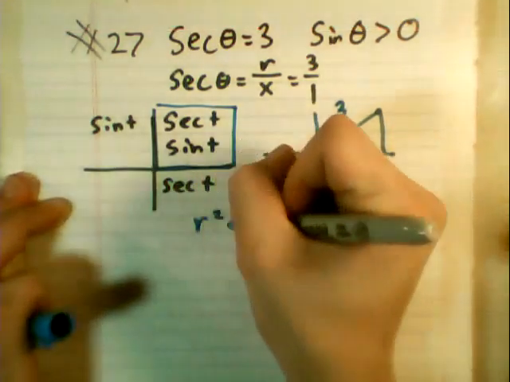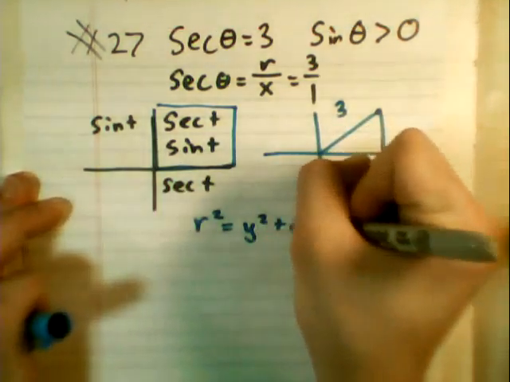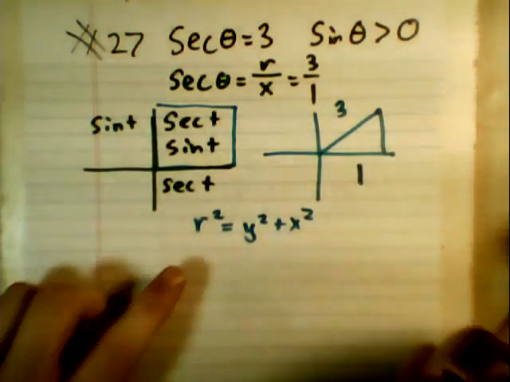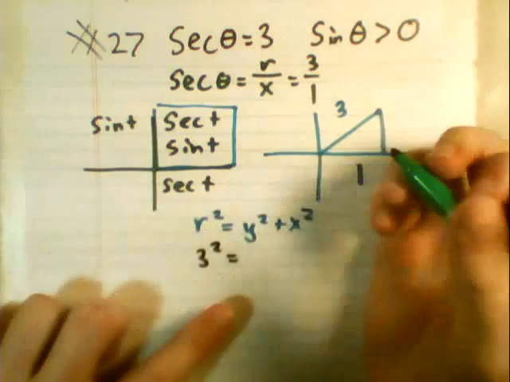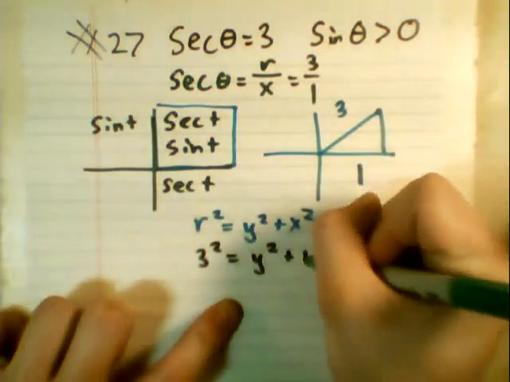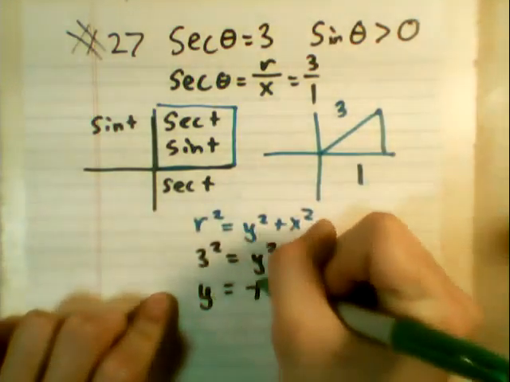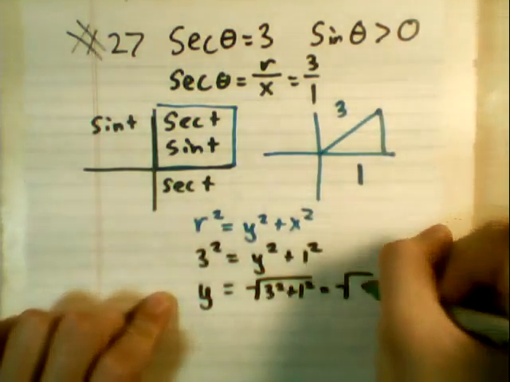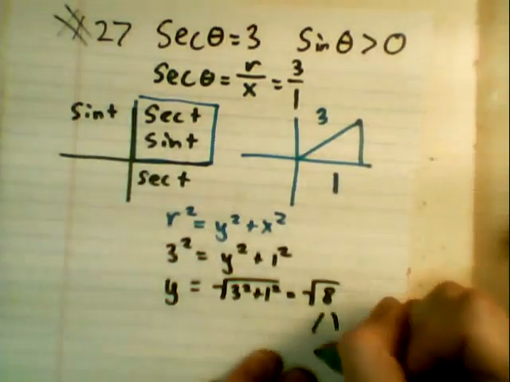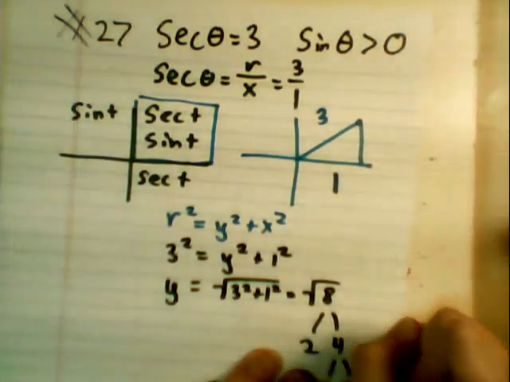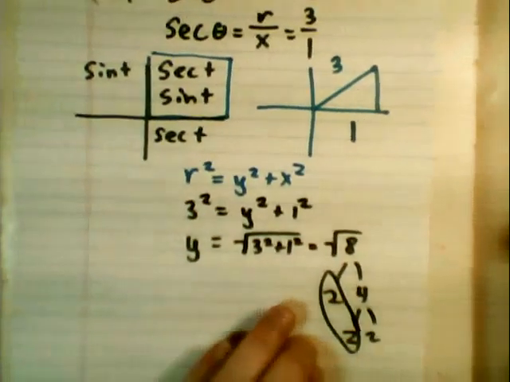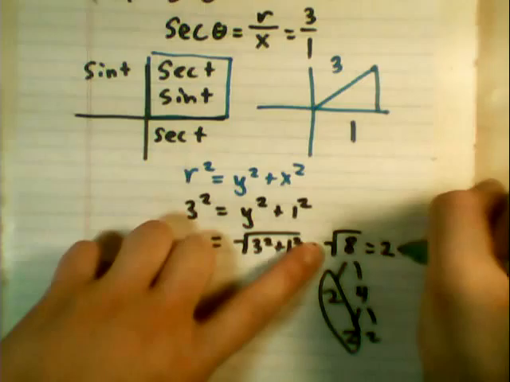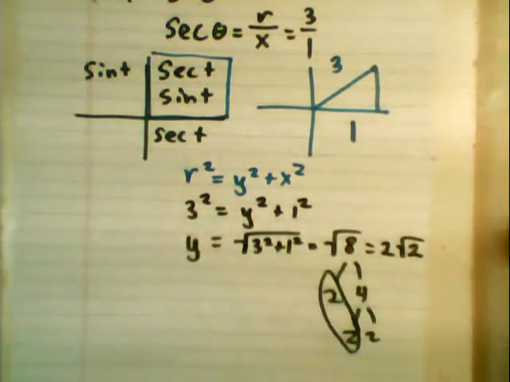Well, using Pythagorean theorem, we can figure out what our y is. 3 squared equals y squared plus 1 squared. So y equals the square root of 3 squared minus 1 squared, which is the square root of 8. Or, if we break that apart and group them in 2, we know that the square root of 8 is equal to 2 square root of 2.